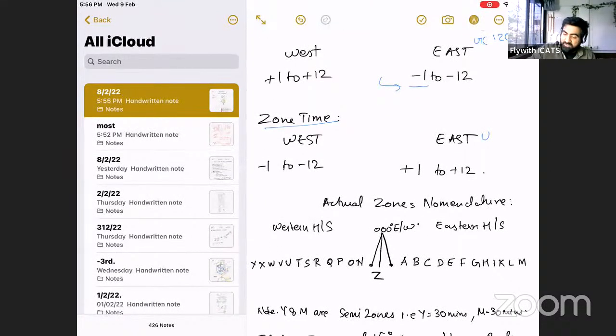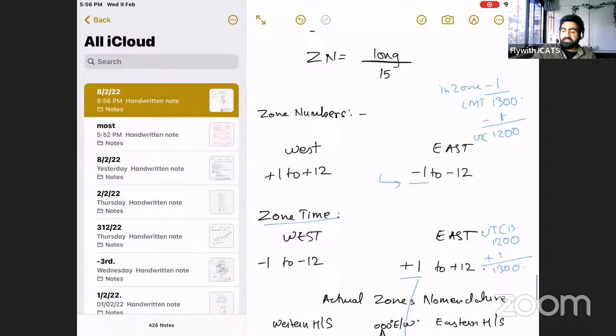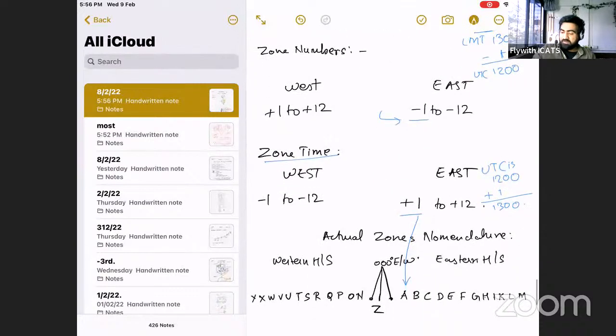So if I say UTC is 1200, and you are in zone alpha, zone time is +1, zone number is -1, then your local time in this zone would be 1300, simple, like this.